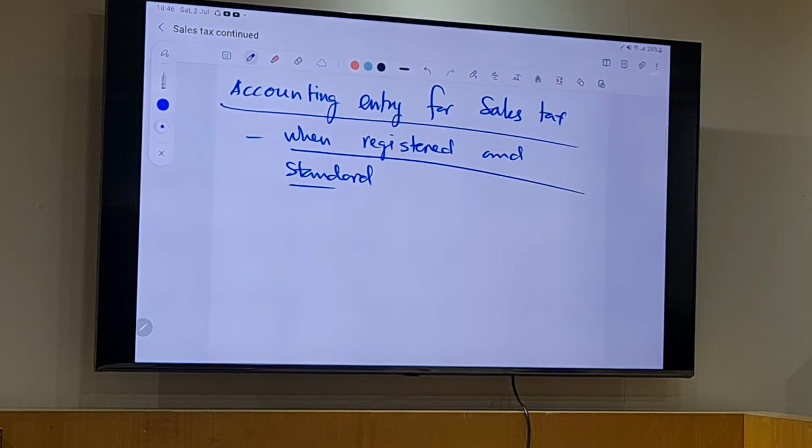in a particular registered business, and the rate is standard rate.